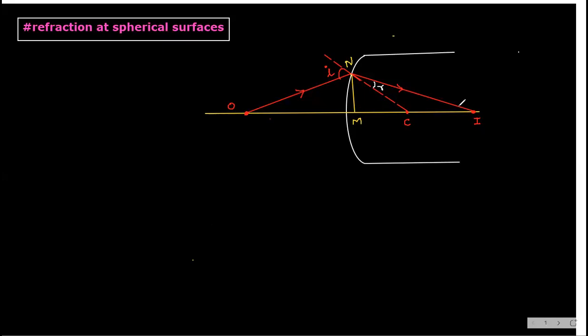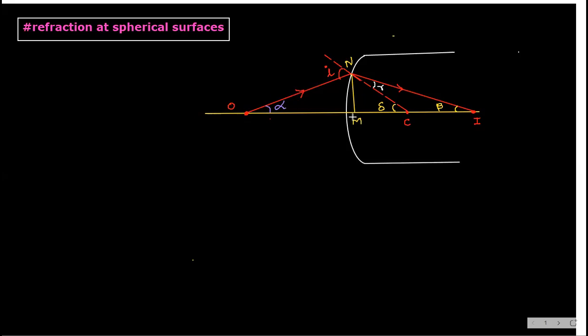This angle is angle beta. This angle I am denoting as delta. And this angle is alpha. Now what is U here?